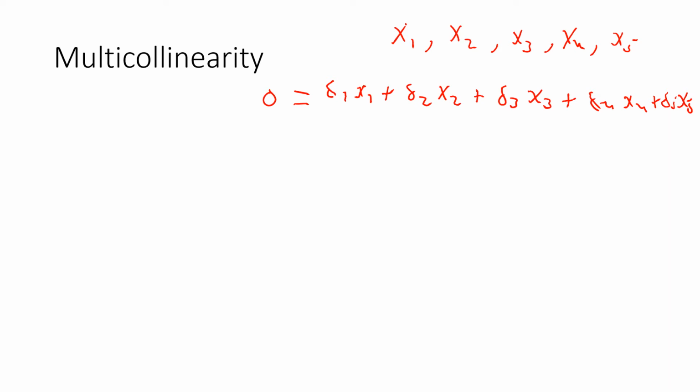And this example can be best understood if we understand the dummy variable trap. For example, if x1 is the intercept, so let's say that x1 is equal to 1, and x2, x3, x4 and x5 are seasonal dummies for quarterly time series data.